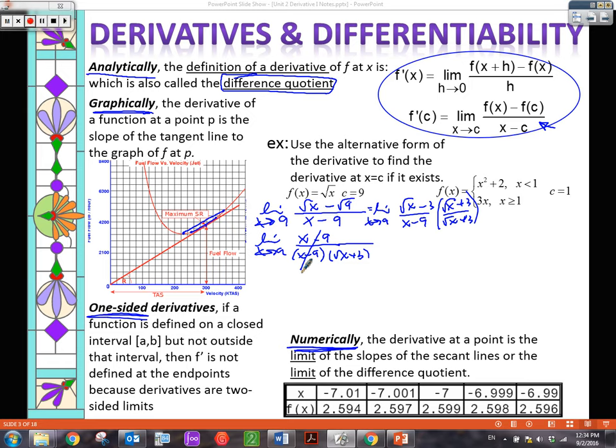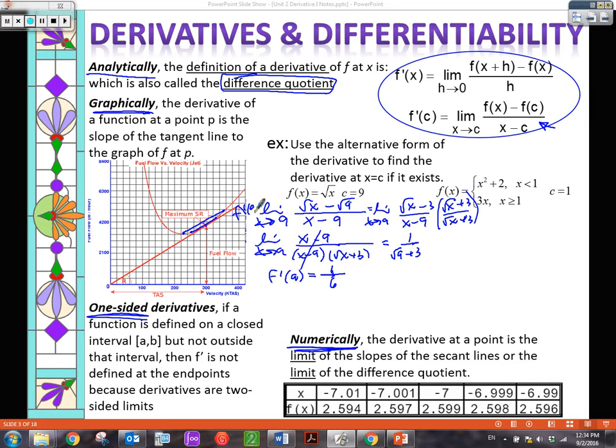We can substitute the 9 in. So when I substitute the 9 in, I have 1 over the square root of 9 plus 3, so f prime of 9 is going to equal 1 over 6. And that's what we were doing the whole time.